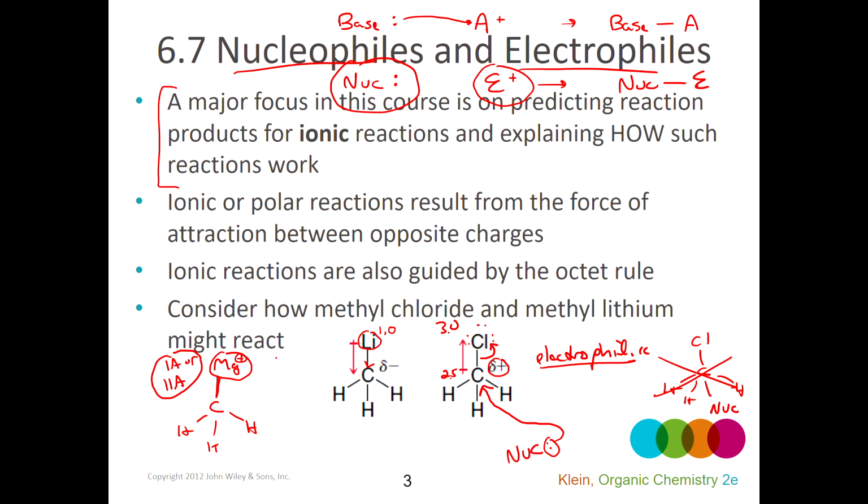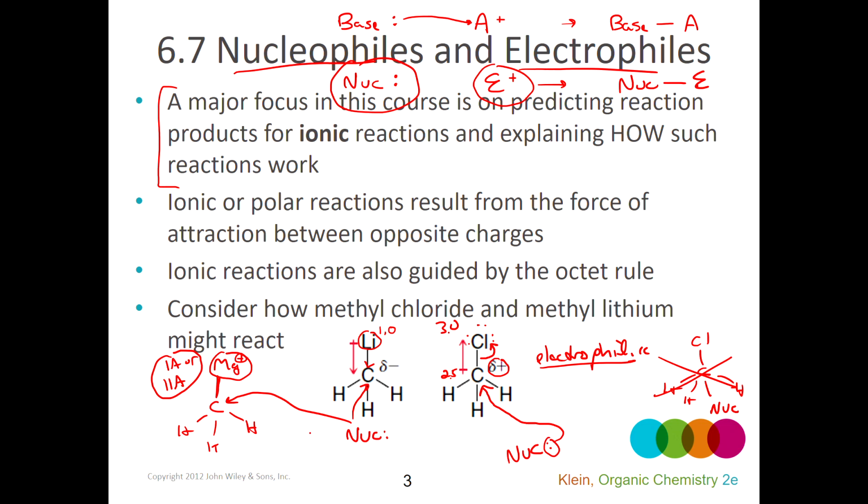And what that does is it makes the carbon, specifically, a great nucleophile. It's a nucleophile because it has a pair of electrons that it's getting ready to share with something else.